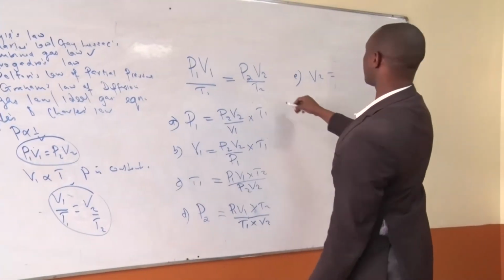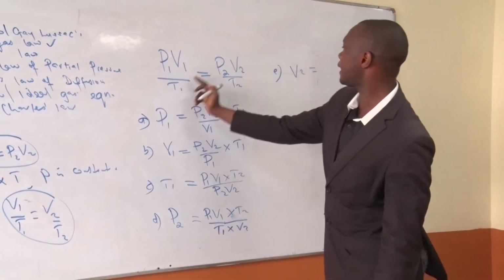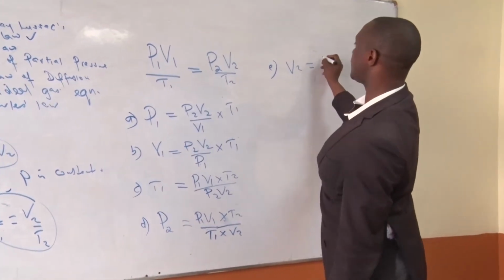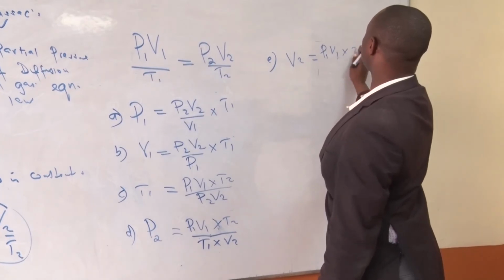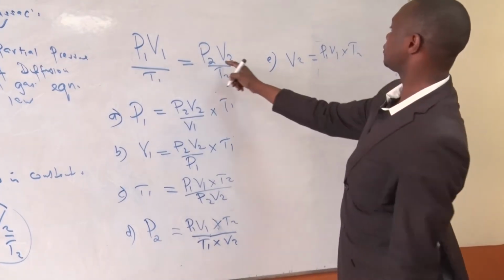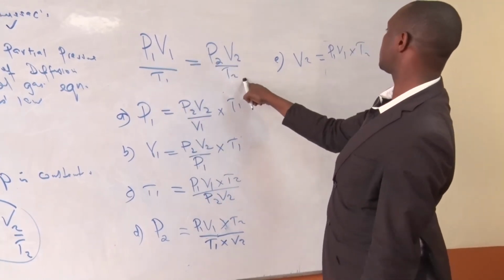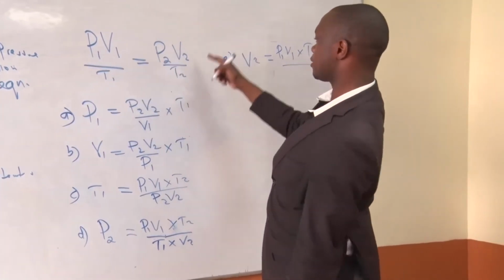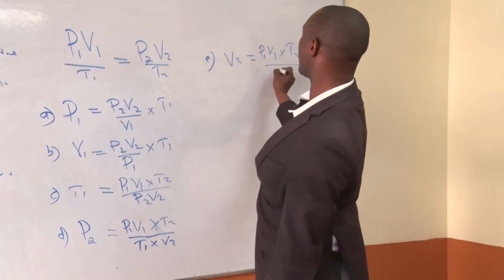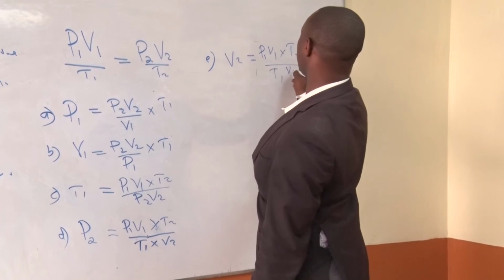Again, we cross multiply, and we get V2 is equal to P1 V1 times T2 all over T1 times P2.